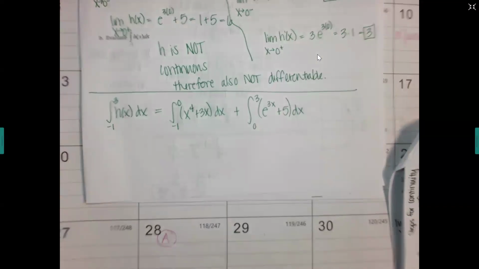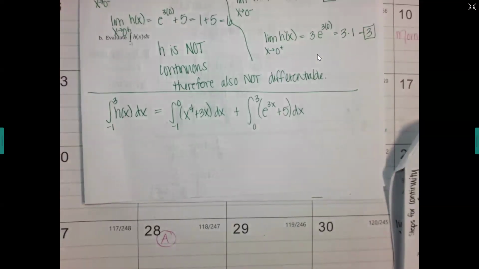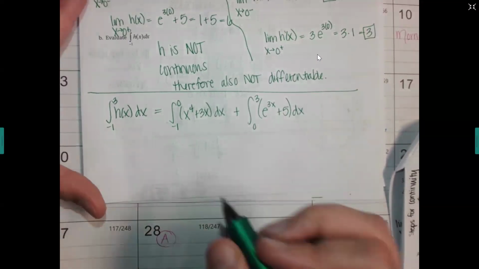Okay, and we didn't really do a ton of this, but think about it. If your graph switches at 0, then for you to compute that antiderivative, you would have to go from -1 to 0 on the function you're under. And then from 0 to 3, you'd have to go under that function. Okay? For this one, go ahead and take the antiderivative. What would it be?